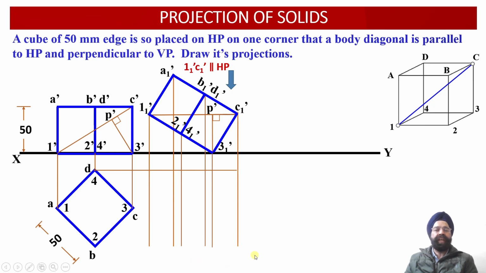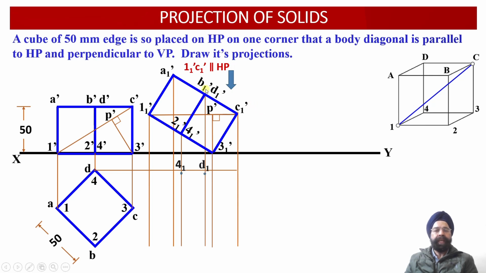Now let us start with the evaluation of all of these 8 points in the plan projection view corresponding to this inclined cube when the body diagonal happens to be parallel to the horizontal plane. Now we can see these are 2 points, D and 4. We have drawn the horizontal projector line through D and 4. Let us evaluate the intersection of this horizontal projection line drawn through D and 4 with the vertical projector lines which have been drawn through D1 dash and 4-1 dash.